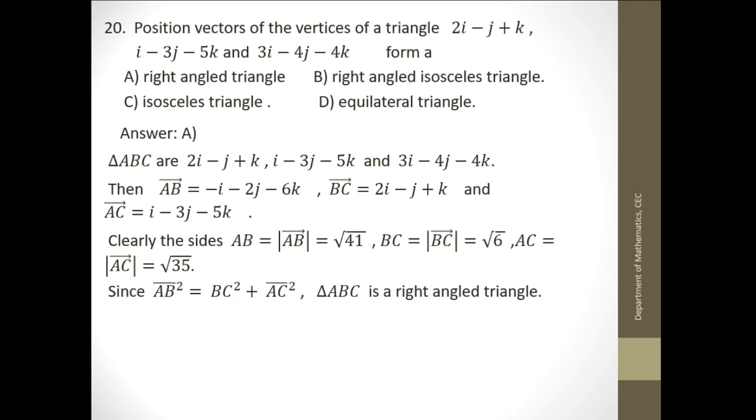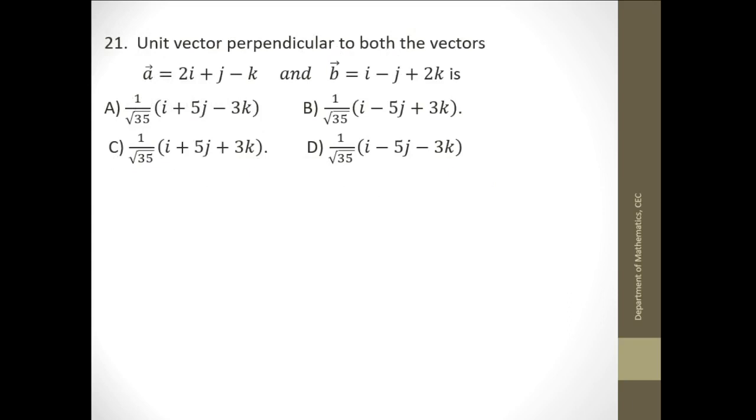By observation, 35 plus 6 is 41. Therefore, AC square plus BC square is AB square. So, Pythagoras formula, and hence it is a right angle triangle. And no two sides are equal. Therefore, it is not isosceles or equilateral. Therefore, answer is A. Next question.